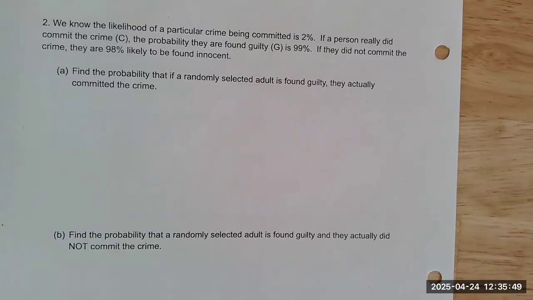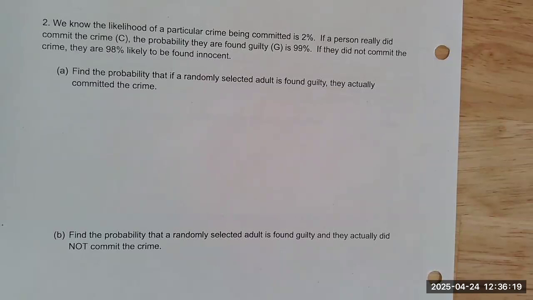All right. We know the likelihood of a particular crime being committed is 2%. So I don't know what crime this is. Murder. Sure, let's go with murder. If a person really did commit the crime, the probability they're found guilty is 99%. So if they really did commit murder, they have a 99% probability of being found guilty. That's great.